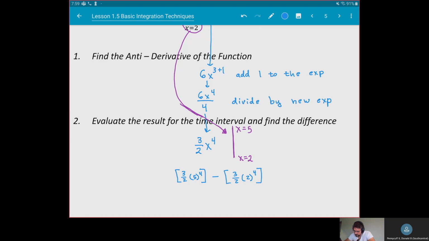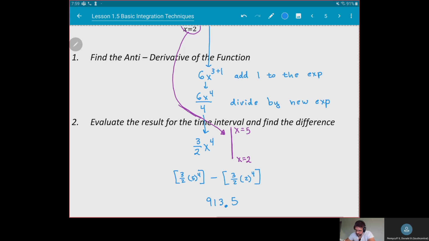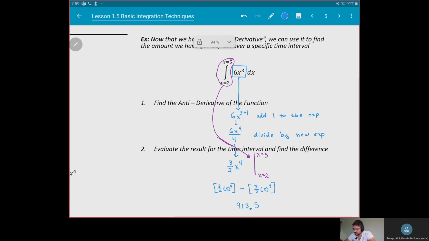And for some reason I thought I was going to get a different answer. I get 913.5. Okay. So while you guys get up to here, I'm just going to use my calculator to double check myself, just to make sure.